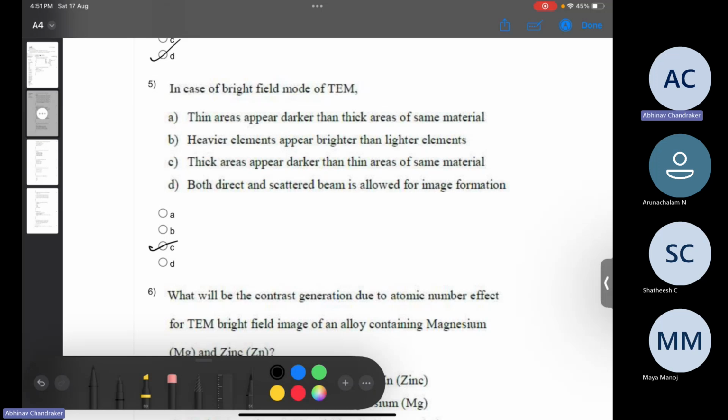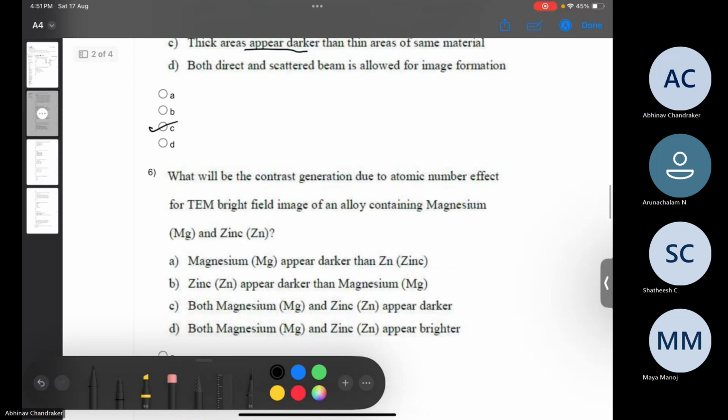As a result, there will be more scattering. And in bright field mode, we only allow the transmitted beam to pass through. So as a result, since more scattering is happening in the thicker regions, the transmitted beam will have lower amplitude, and so the thicker regions will appear darker. Intensity of the thicker regions will be lower.